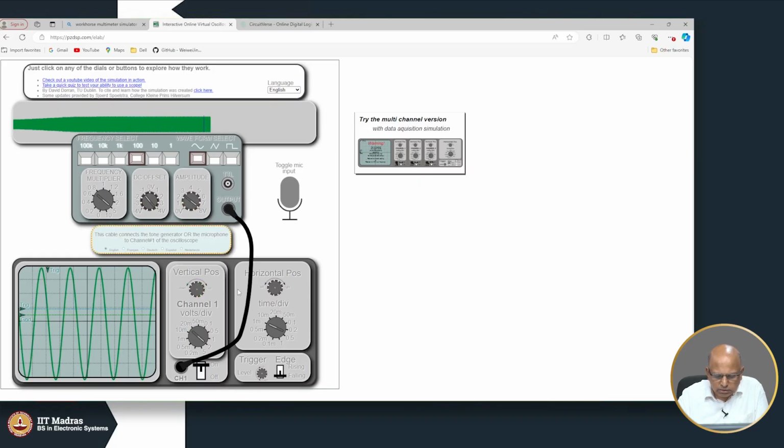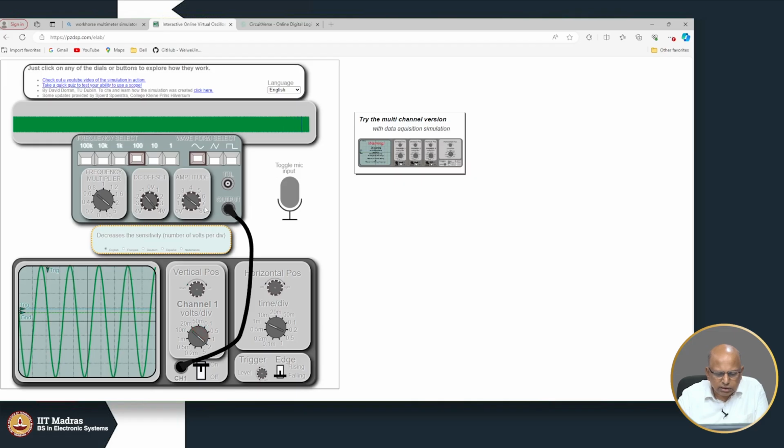Let me adjust the vertical position. So, 1, 2, 3, 4, 5, 6, 7, 8. So, 8 divisions. It is showing 2 here, so there is some small adjustment required. It is actually right now at 1 volt per division.